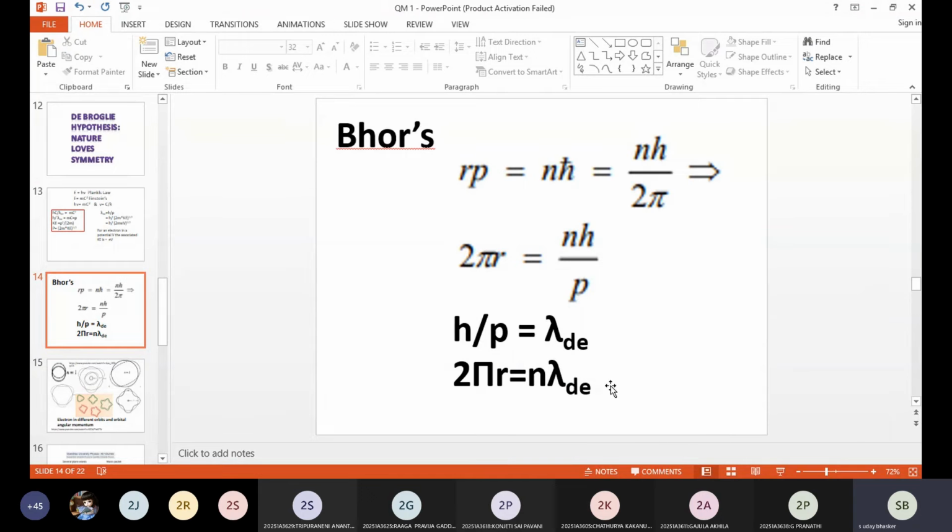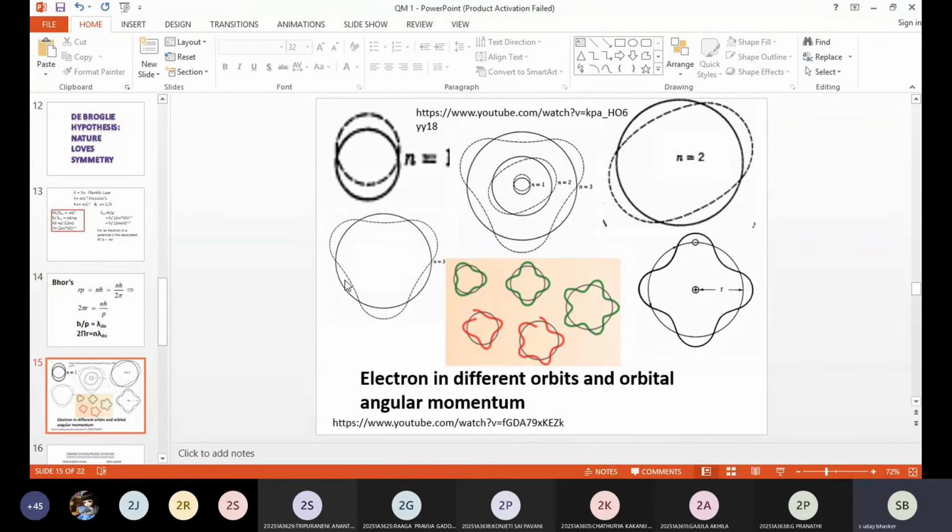That is why the electrons existing in one particular orbit do not lose or gain energy, because they act like stationary waves around the nucleus. That is the beautiful explanation given from de Broglie's hypothesis to Bohr's proposition that 2 pi r is equal to n lambda.